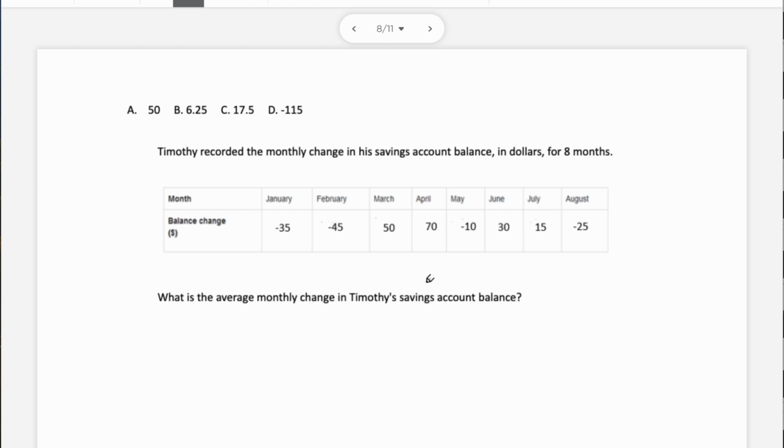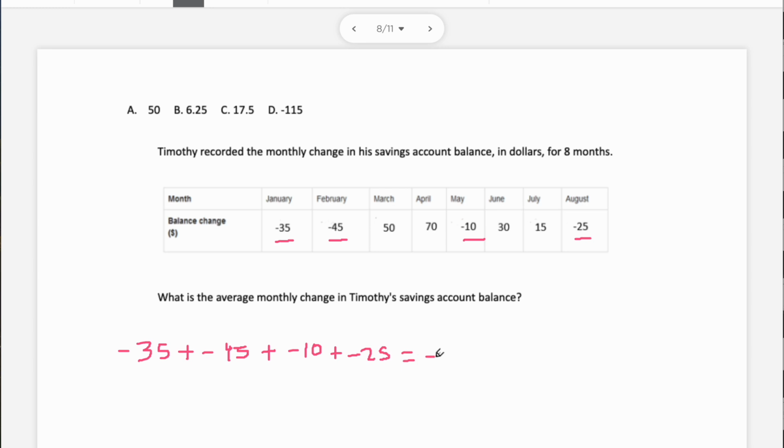So anytime I'm doing this, what they want you to do is add and subtract all of these numbers. But what I like to do first is combine all the negatives. So this is negative, negative, negative, and negative. So we've got -35 plus -45 plus -10 plus -25.